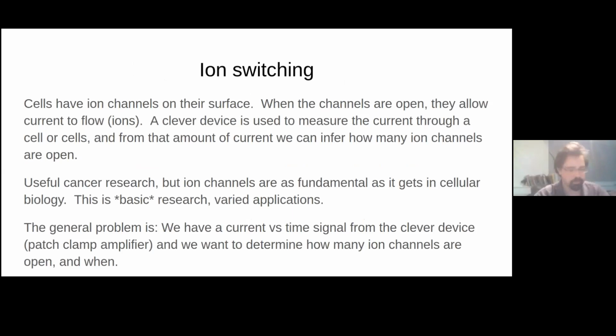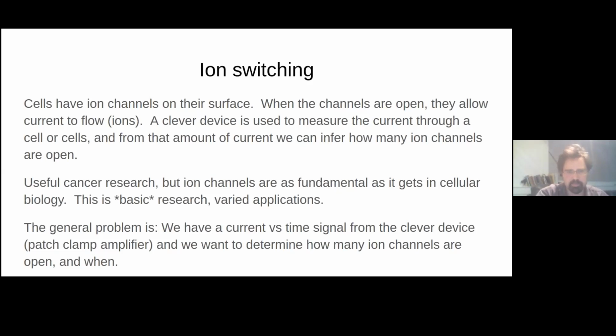This is one of the main ways that they communicate with the outside world. When one of these ion channels is in the open state, and there can be multiple open states that all behave the same way as far as allowing current to flow, they allow current, ions, of course, to flow.